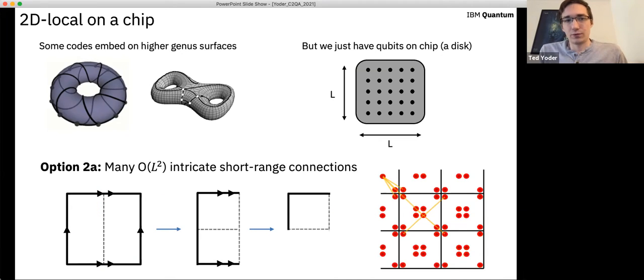Now, option 2 for implementing these higher genus surfaces is, instead of the long-range connections, you can have many intricate short-range connections. So let's take the torus case as an example here. Obviously you start with this square and you identify opposite sides. That's a torus. Now you can fold that up first along the vertical here, and then along the horizontal.